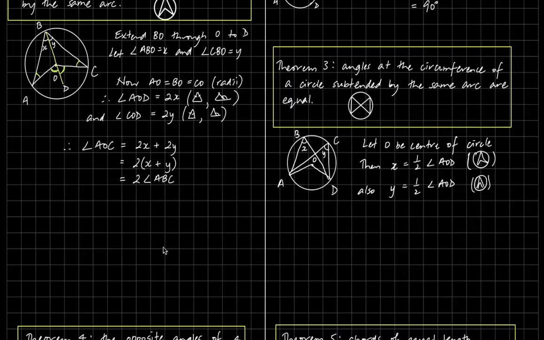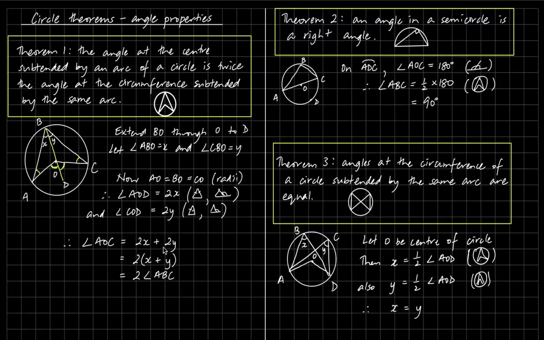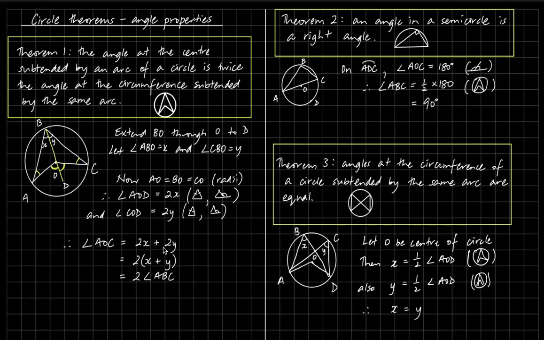Okay, so we're basically saying angles at B and C, the x and y values there, they are both half the angle at AOD, half the angle at the center. So therefore, angle x is equal to angle y because they're both a half of AOD. And so therefore we've shown that any angle at the circumference subtended by that same arc is going to be equal.